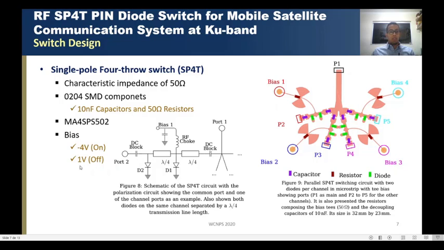And if it has a bias of 1 volt, it means that the port is off, which concludes with both diodes conducting the signal.